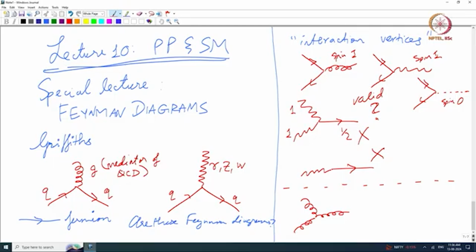It turns out that due to the gauge structure, again not a term that you might be familiar with right now, we will see this, of QCD, this actually is allowed for gluons. Similarly, I can even have a 4 gluon vertex, that is also allowed by gauge structure.